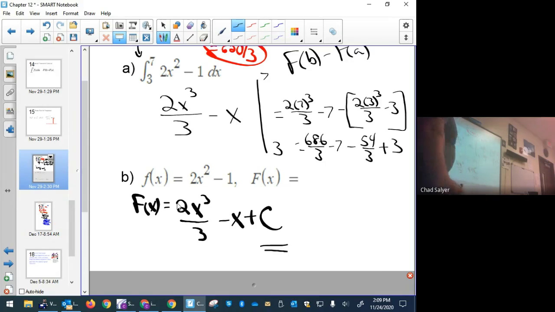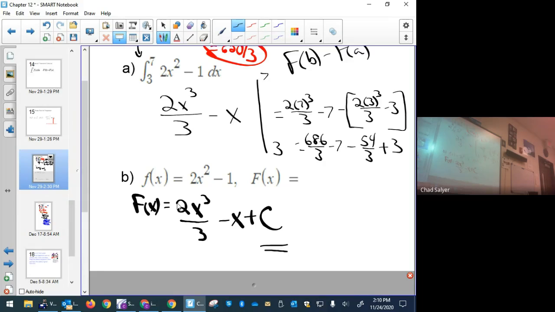Don't forget that unknown constant of integration. Now, in my notes, I had C sub 1, because it's often the case in differential equations, you'll have more than one constant of integration. You will not see that in Calc 1, nor in my class. So C is fine for the foreseeable future. There will come a point in the distant future when you must use more than one constant of integration, and its subscripts become necessary.